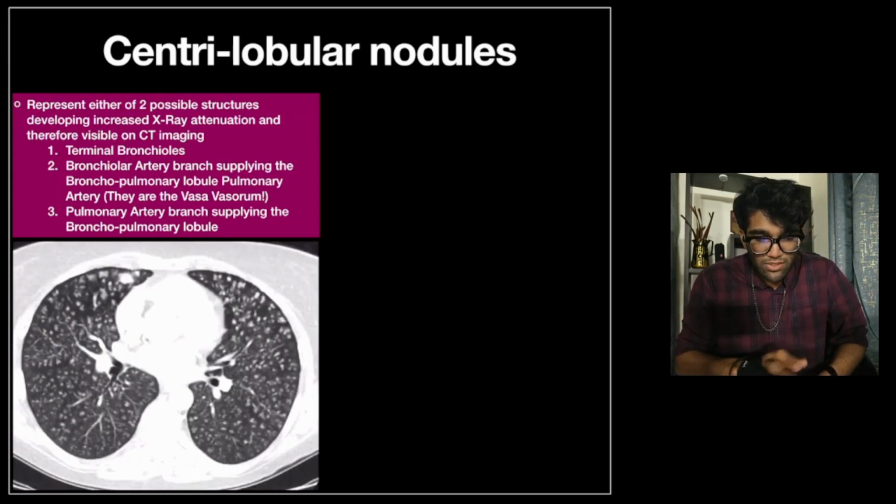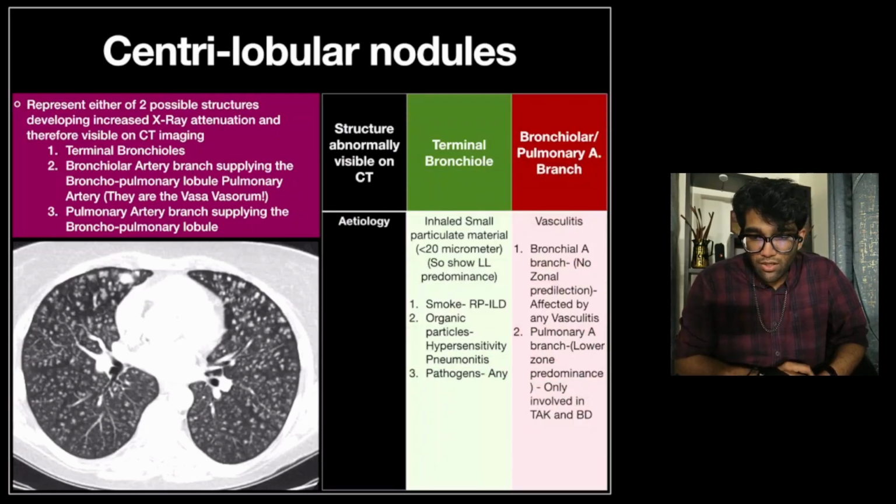Okay, so this is the pattern that you get. As you can see, all of the dots are separated from each other quite nicely, and they seem to be almost repelled by the fissures and the sides, the visceral pleura. So what could be causing this? It could be something in the terminal bronchioles.